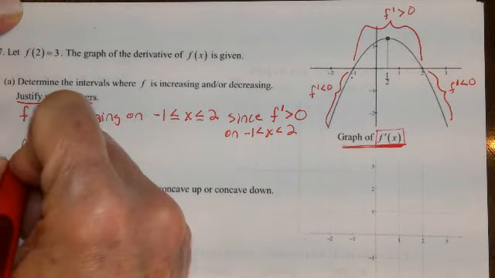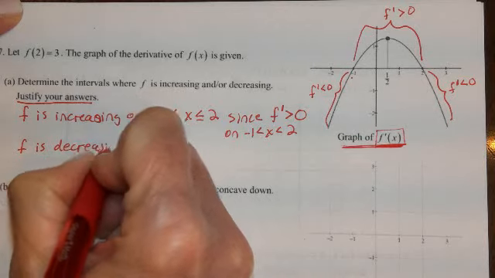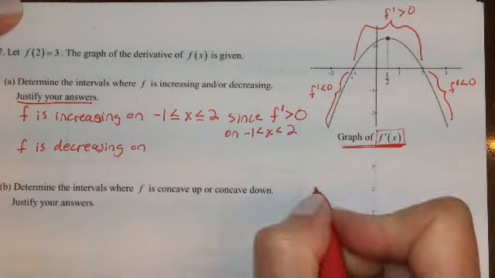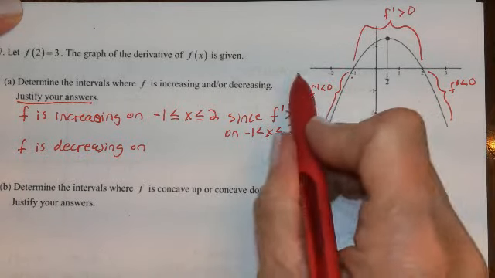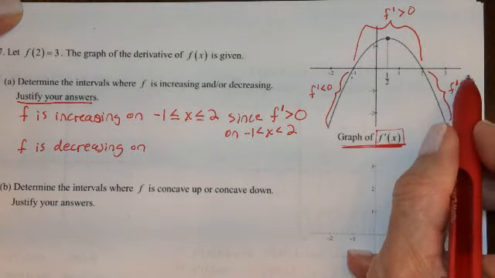All right, f is decreasing on -infinity to -1 and 2 to infinity.